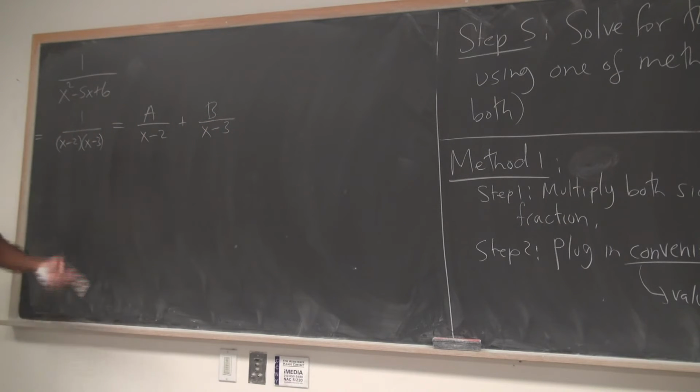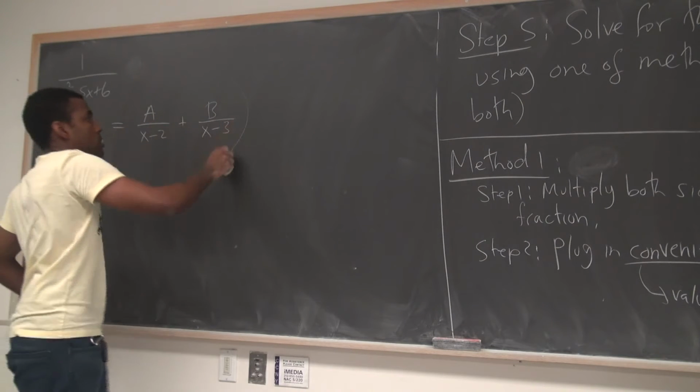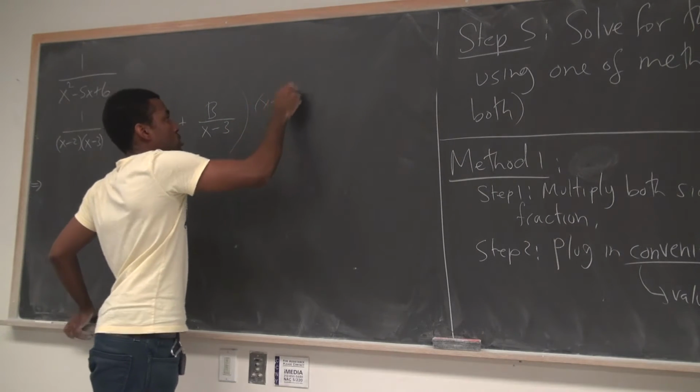We're now at the last step, basically. At this point, you can employ method 1. What does method 1 say? Multiply both sides by the denominator. I multiply the whole thing by x minus 2, x minus 3.